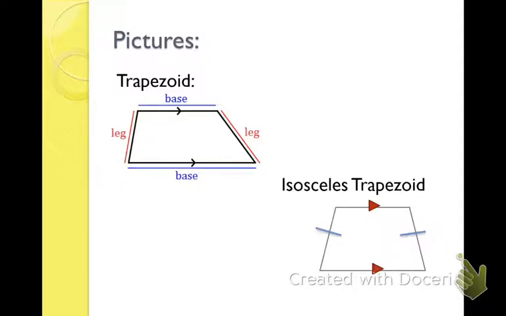If these sides are marked congruent, we have an isosceles trapezoid. Everybody have those drawn? Any questions? Okay.